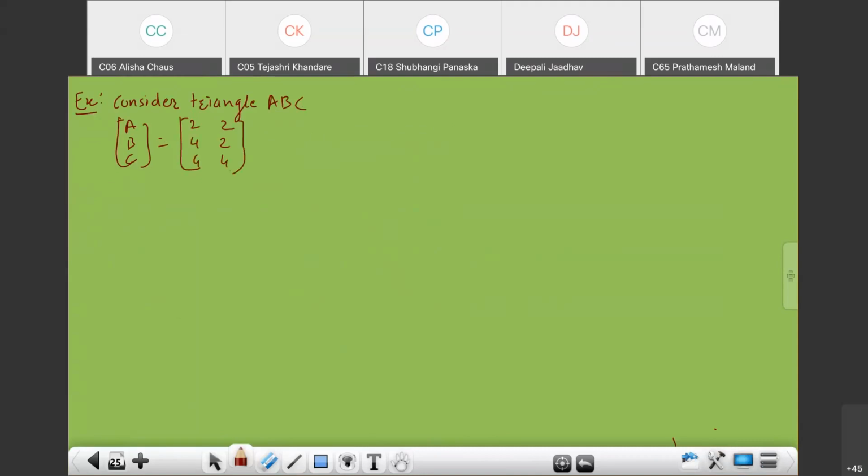The two transformations we are going to perform on this triangle: the first one is the 90-degree rotation about the origin.